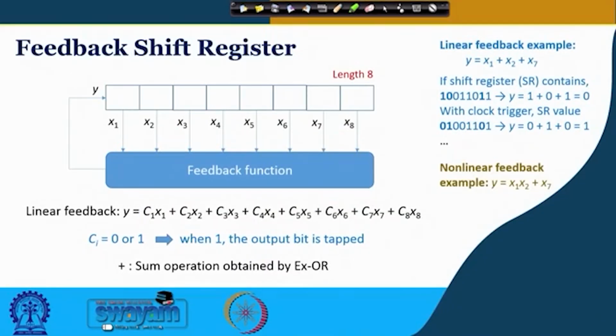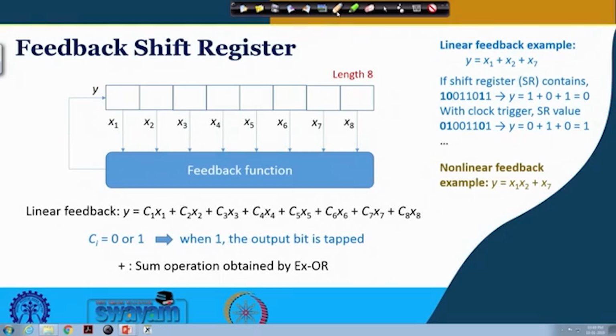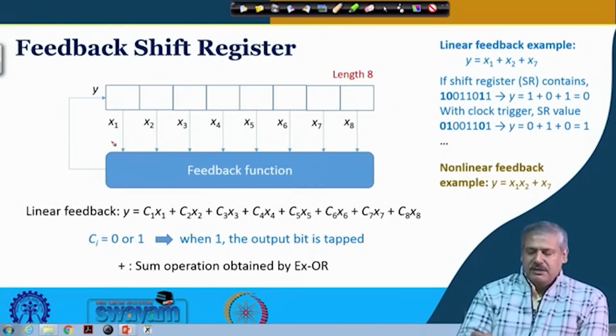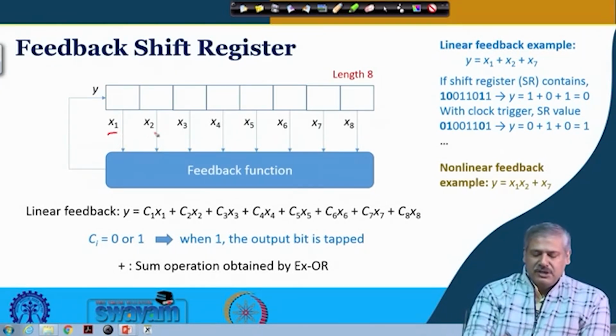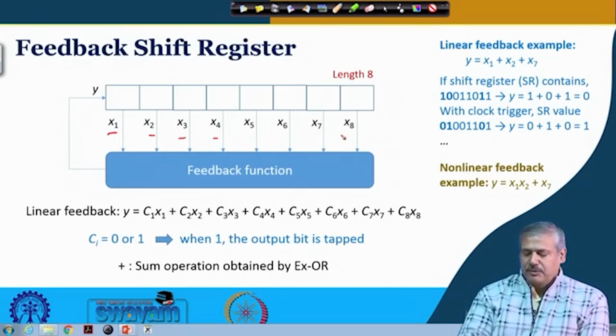By linear feedback shift register, what we actually mean is that the shift register outputs, say it is of length 8, we consider x1, x2, x3 etc., up to x8.